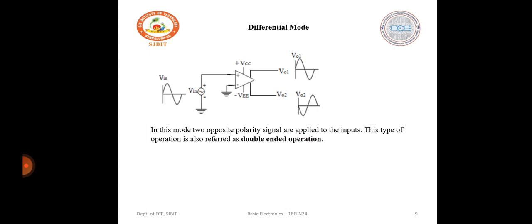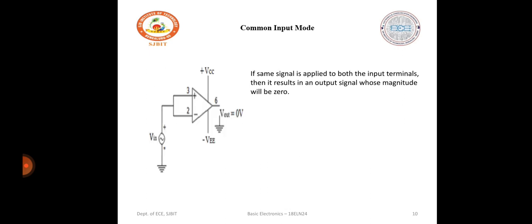Now let me go to the other kind of input mode, that is the common mode. In this mode, we apply signal voltages which are in the same phase to the input terminals of the differential amplifier.